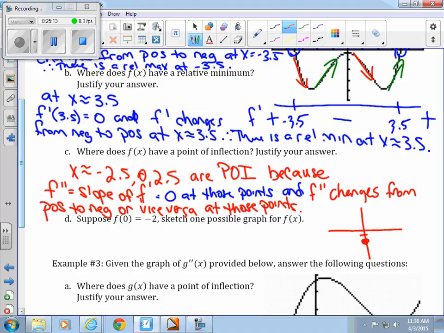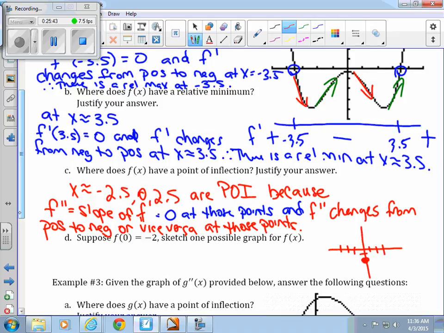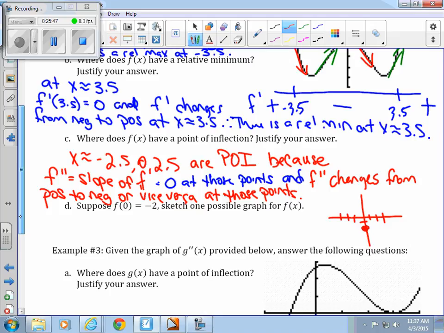Okay, so after I have my sign chart there, would you agree that between negative 3.5 and 3.5, my function is decreasing. And from 3.5 to the right and to the left of negative 3.5, I'm increasing. Okay, and then I have a point of inflection at negative 2.5, 0, and 2.5.